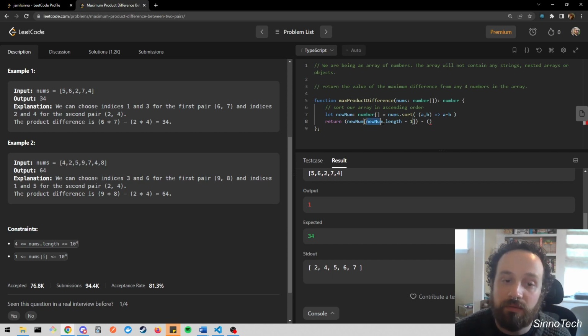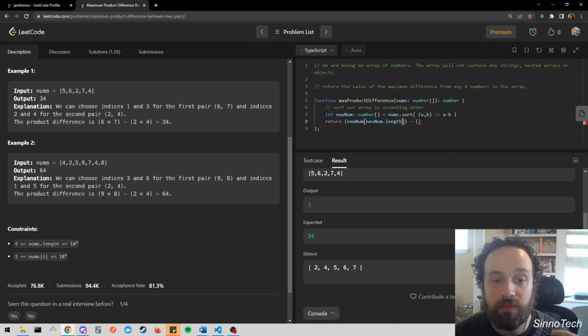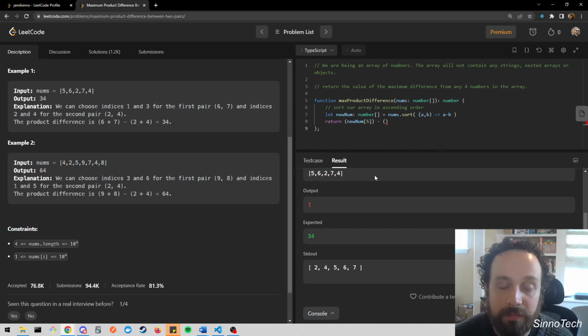Well, new num.length returns a number, right? So if new num.length is, for this example, 5, and arrays start being indexed from the index of 0, if I was to say new num.length, it would reduce to new num of 5, right?